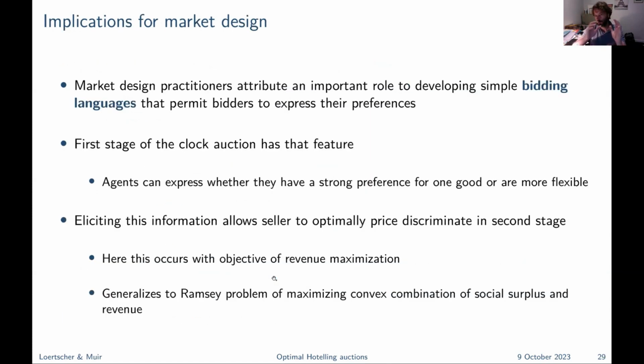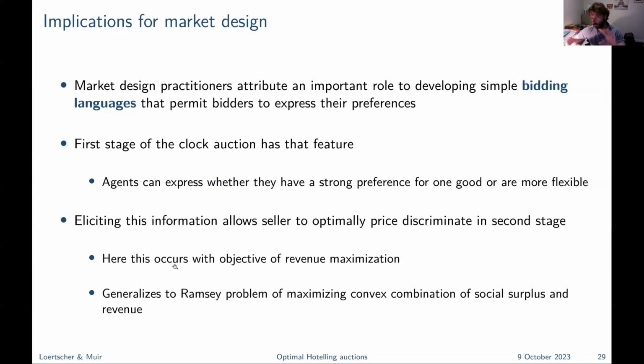So we get this coarse language or simplified bidding language in the first stage, which I think resonates with some of the auction designs that have been proposed for combinatorial auctions, and it derives here from an optimal mechanism. We're not going to have obviously dominant strategies, but it allows the agents dominant strategies, and this coarse information that you get from the first stage allows the designer to optimally price discriminate in the second stage.